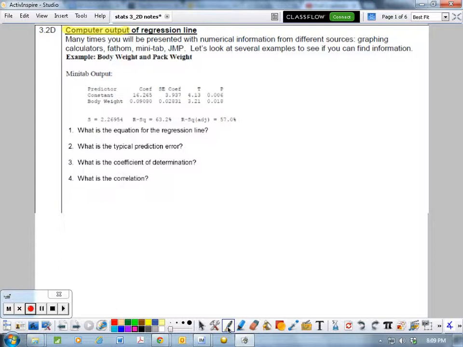I was lucky enough to get a teacher edition for $100. And then there's Fathom, which you can rent out to students for about $20 a year, or you can buy it on your own for about $80. When we enter this information into the computers, we get different types of outputs, and knowing how to read that and understand what's happening is really important.